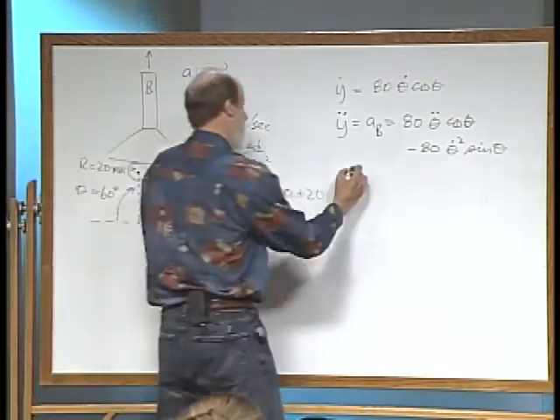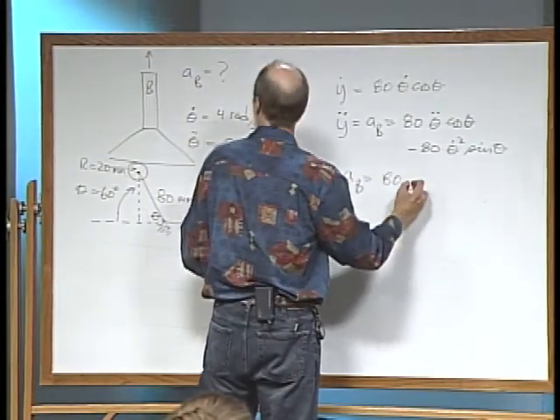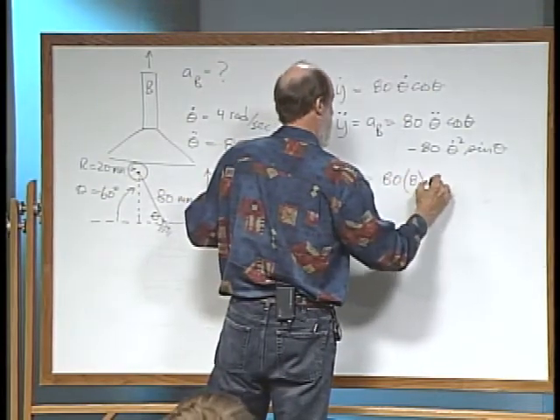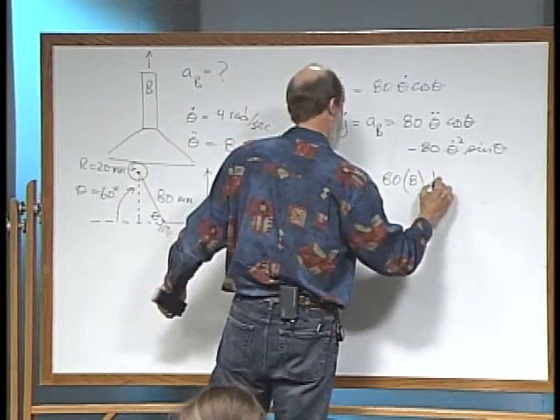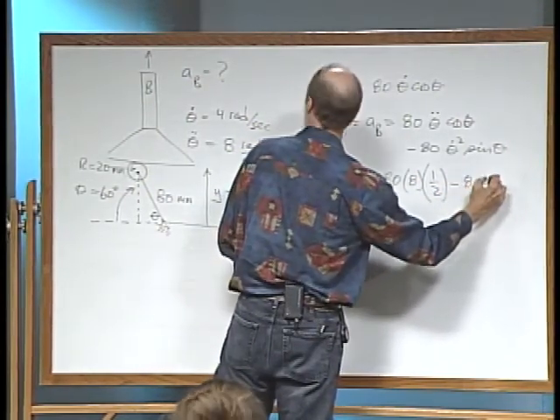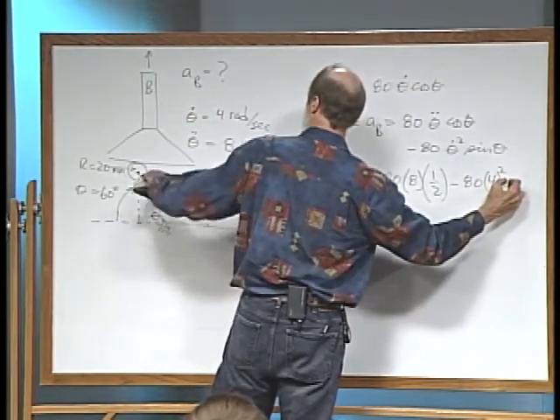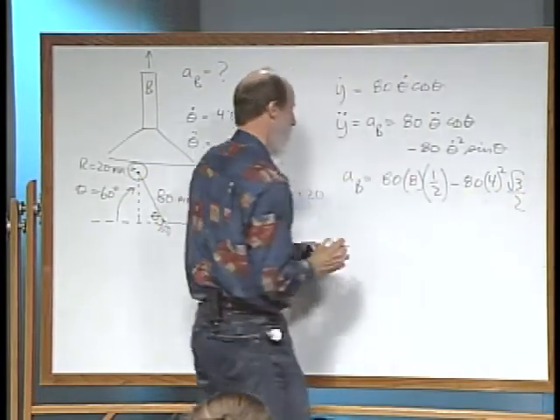Okay. So the acceleration of B should be 80 times the given alpha, 8, times cosine of 60 degrees, which is a half, minus our 80 times our 4 squared, and our sine of 60 degrees is radical 3 over 2.